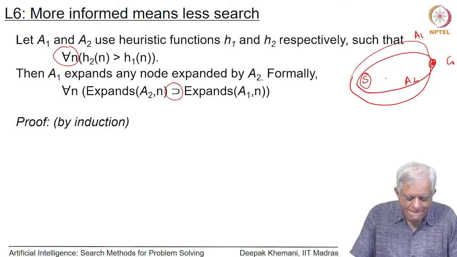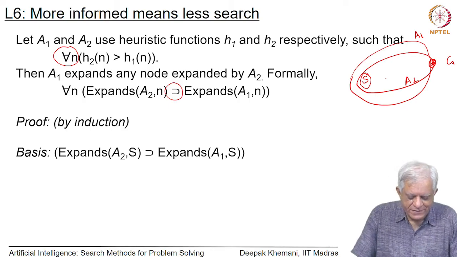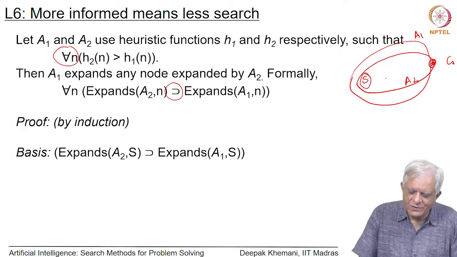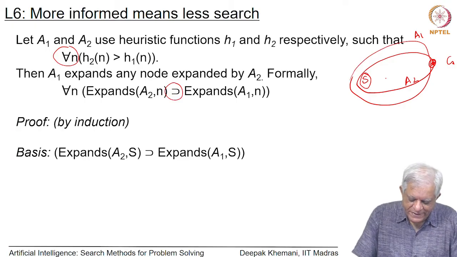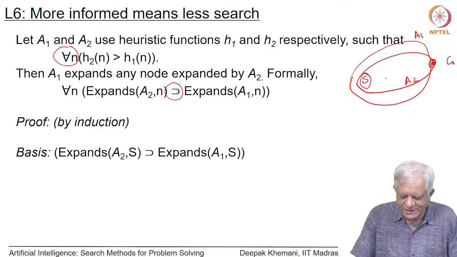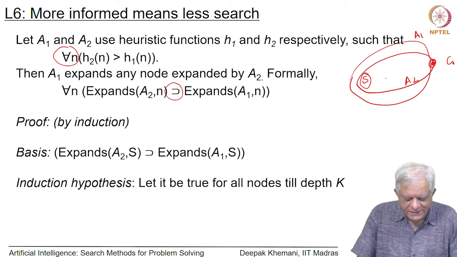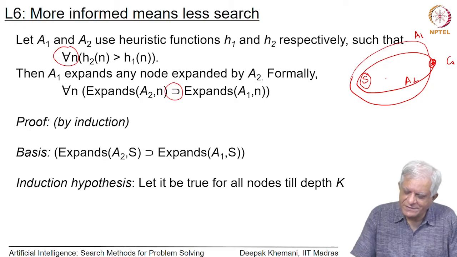and the base case is that both algorithms start with the start node S. So, this statement that we want to prove is true for the start node S, that A2 has seen S implies A1 has seen S, and this is true by definition, because both algorithms start with this node S. The induction hypothesis is going to be that let this statement be true for all nodes up to some depth k essentially.